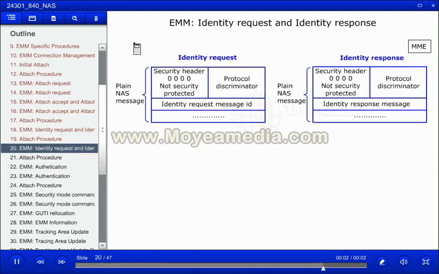The NAS messages shown are used for unprotected identity request and identity response. If the identity request procedure is security protected, as in the second case shown in the attach procedure, these plain NAS EMM messages will be delivered in a security protected NAS message.